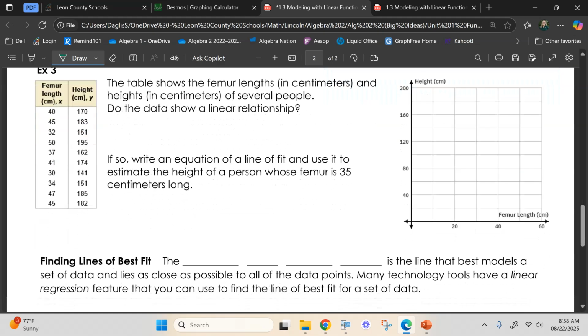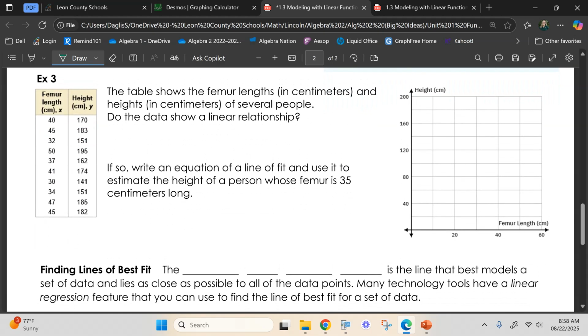So let's use it with example 3. So we're going to do our general line of fit, and then we're going to find the line of best fit and see how close we got. Okay. The table shows the femur lengths in centimeters, that's in your leg, and heights in centimeters of several people. Do the data show a linear relationship?